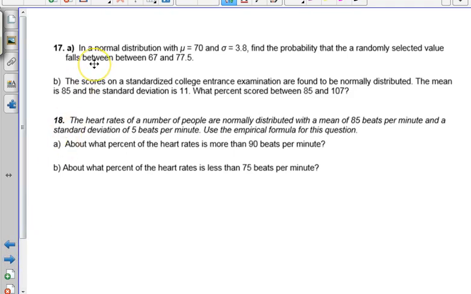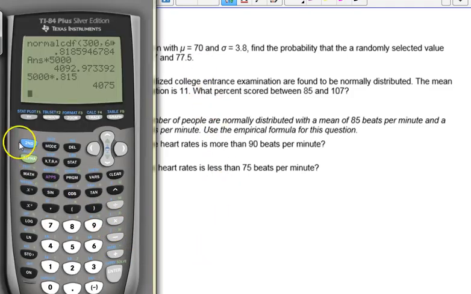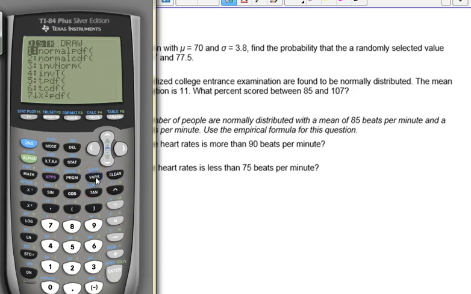All right. In a normal distribution with a mean of 70 and a standard deviation of 3.8, find the probability that a randomly selected value will fall between 67 and 67.5. Is that the same question we just did, just worded different? Yes? Okay. So norm, CDF, what was it? I covered it up. Somebody help me. And then 77.5.